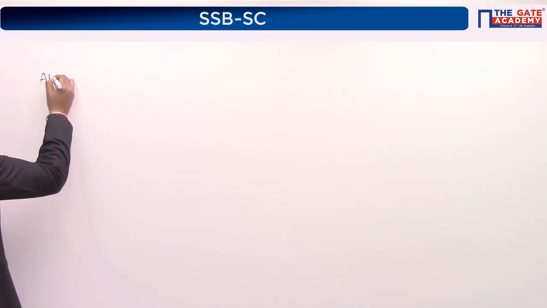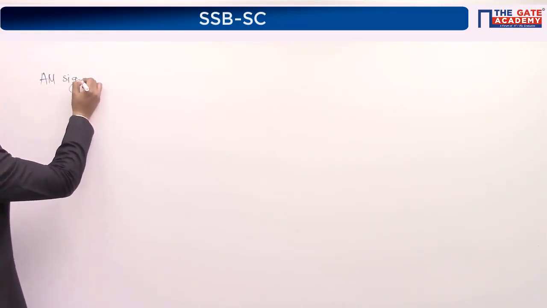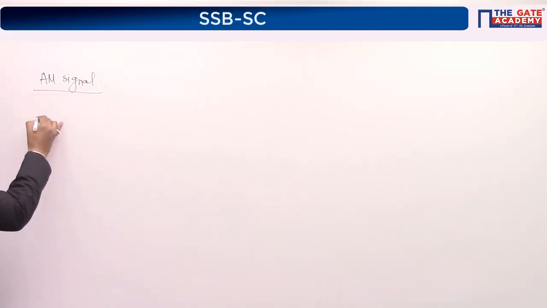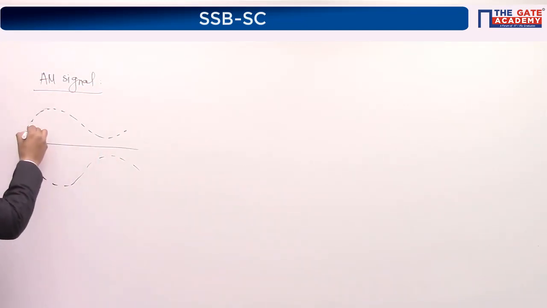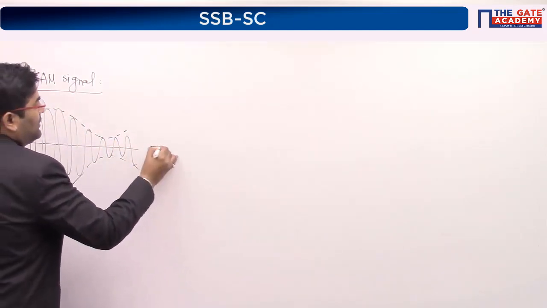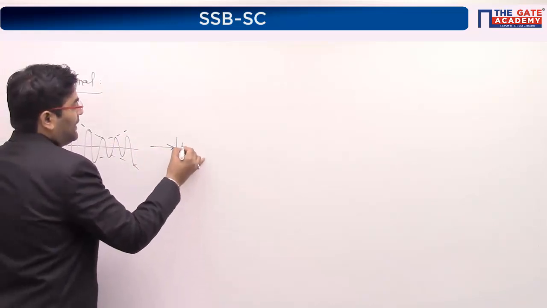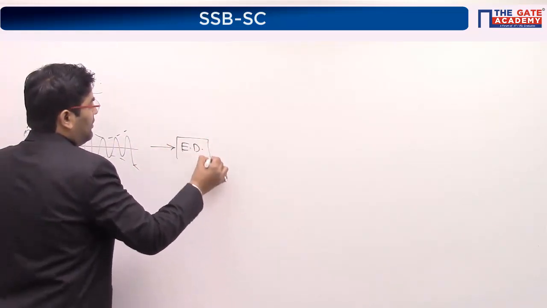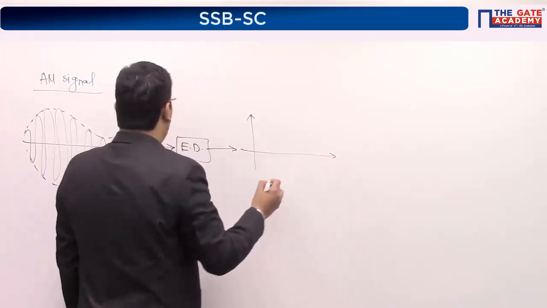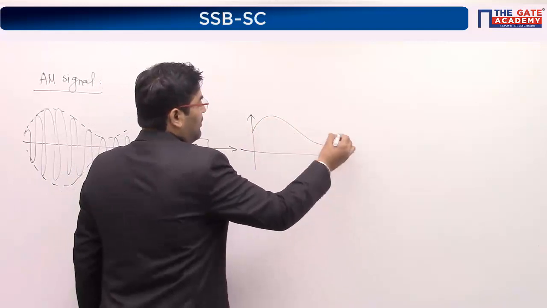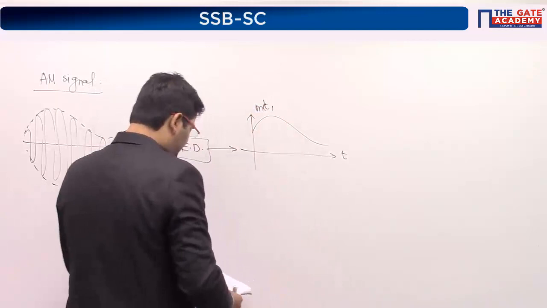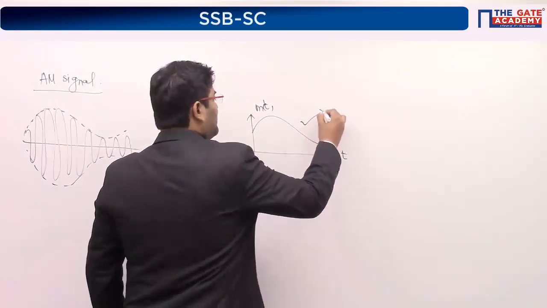So guys, come back. AM signal. If you had an AM signal something like this, we have done so many times that we are too good at this, right? In drawing and all. So this is your AM signal and it goes into the envelope detector. What is the output you got? The output you got was this. Means your m(t). So this is nice. Putting a tick mark.